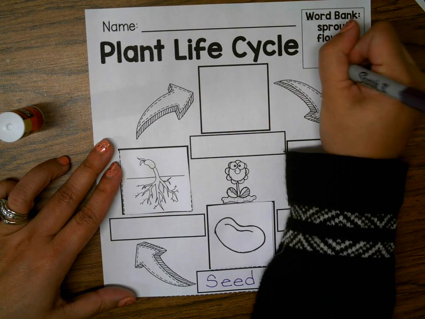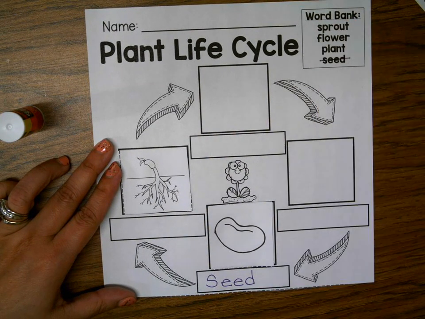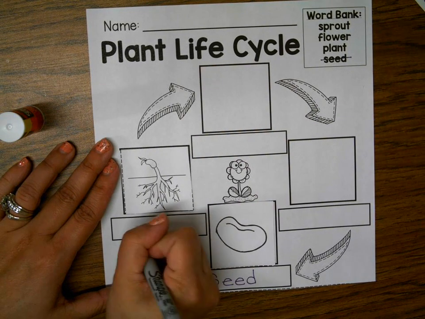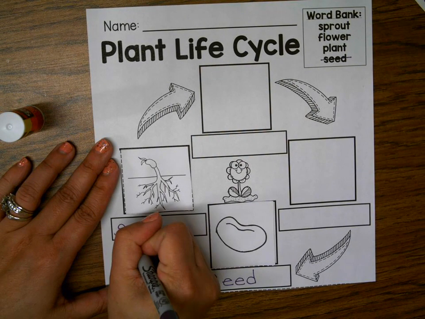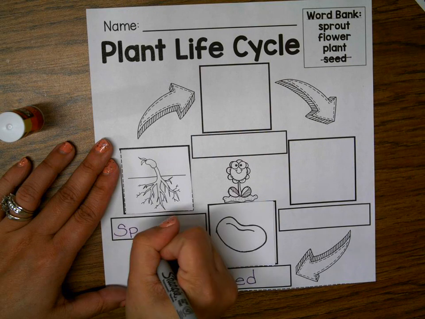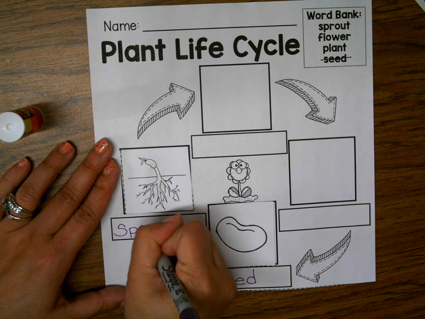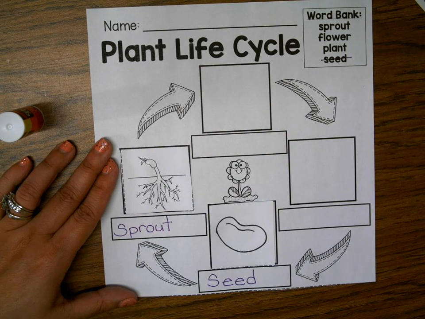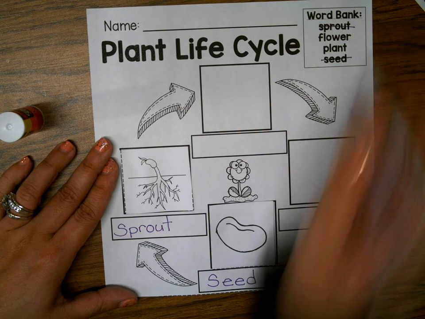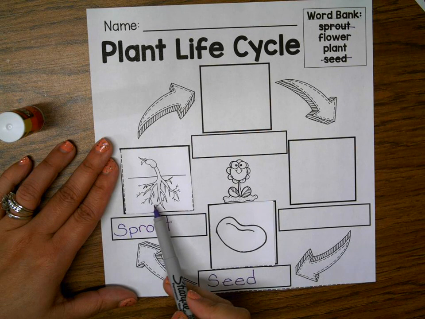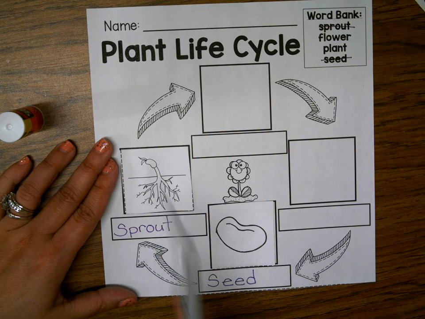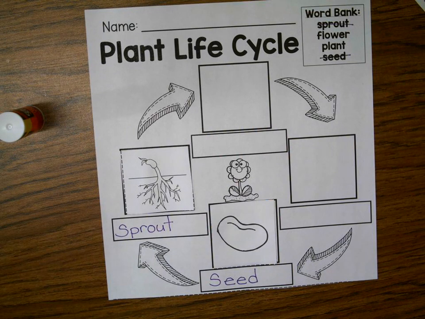And oops, I'm going to cross out the word seed so I don't accidentally try to write it again. So now we're going to write sprout. S-P-R-O-U-T, sprout. And again, you can see the roots have grown down into the ground. And so now the seed has started to sprout up out of the ground.